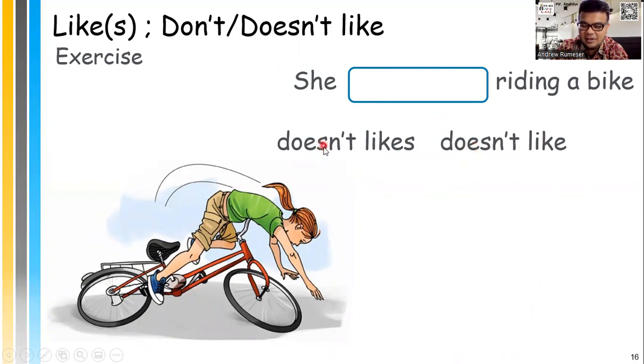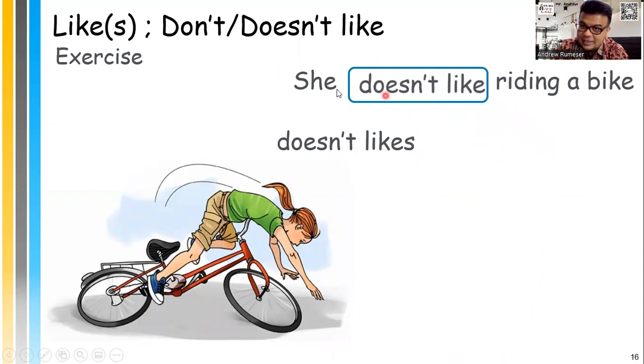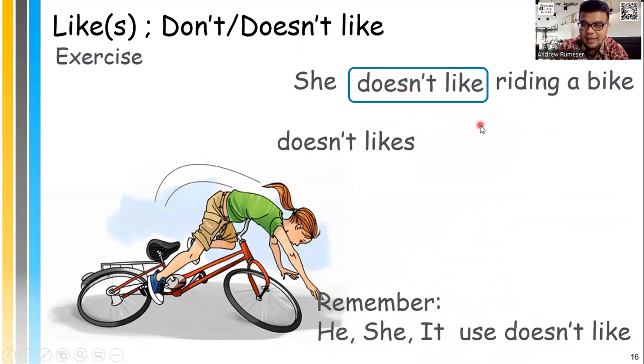Both of them are doesn't, right? But these ones are different. Likes and like. S and no S, right? So which one? Yay, she doesn't like. Why? Because when we use does or did or do, then we use the base verb, right? No S. She doesn't like riding a bike.